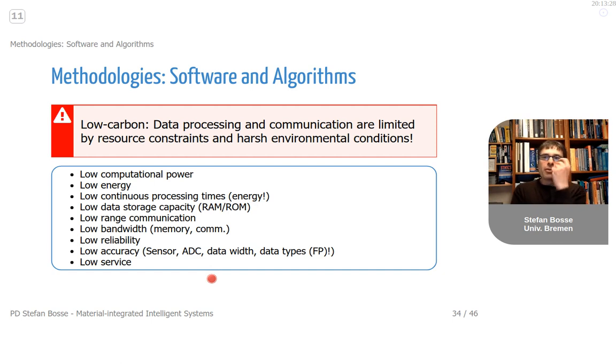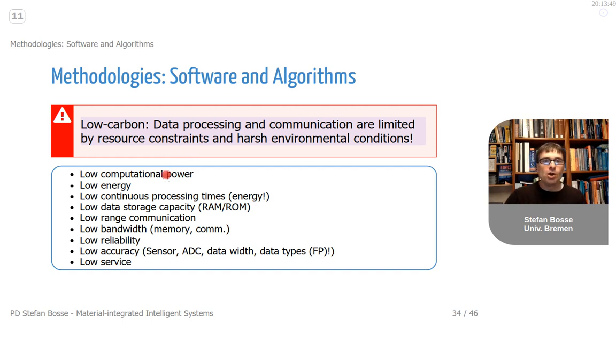So now I come to the third section, methodologies. What can we use for software, and which kinds of algorithms, methodologies and architectures can we use? I call it the low-carbon age. This is the starting point. That means data processing and communication are limited by resource constraints and harsh environmental conditions.